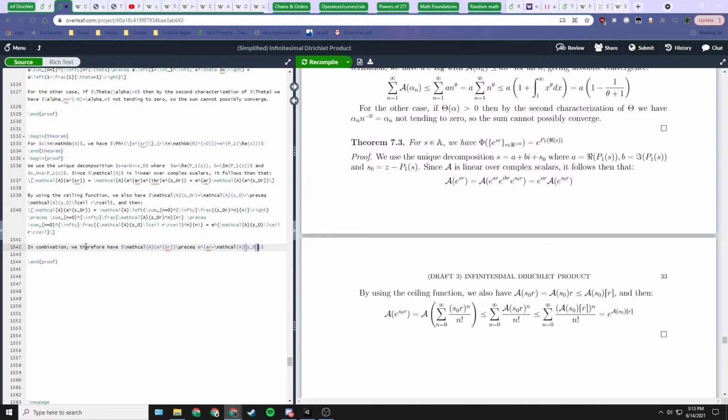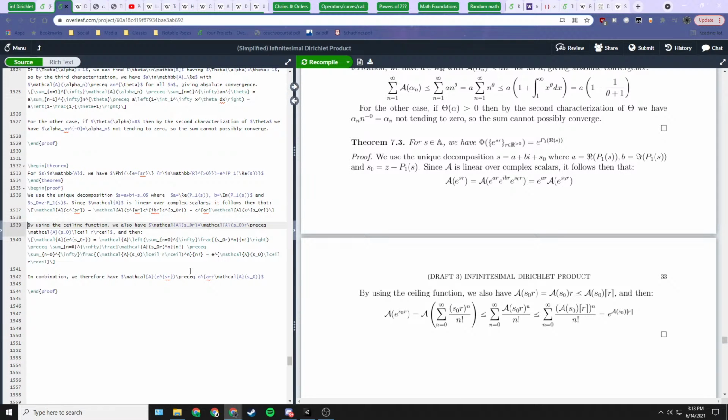Because instead of doing S, we don't even need to do the composition. We could just do ASR, AS0R bounded by AS0, or AS ceiling of R. And then again, instead of S0, we just have ASR, S0. Oh, wait. Nope, we do need to separate these. I remember why.